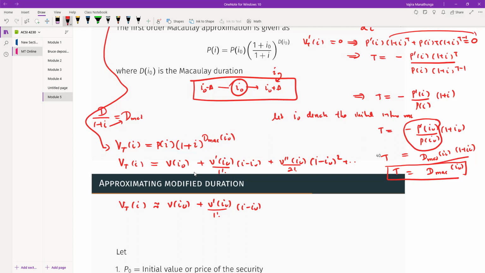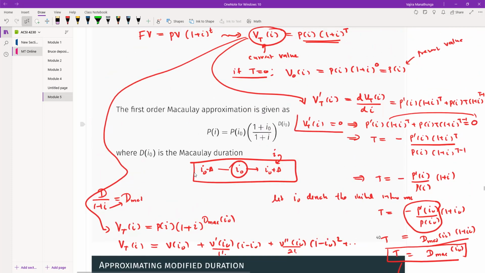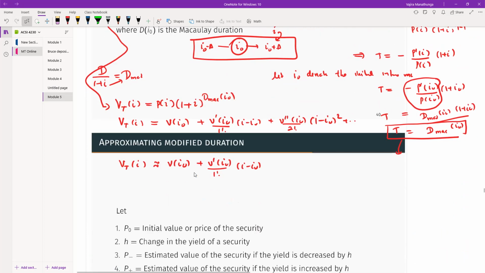Of course, you can see that when t is the Macaulay duration at I naught, what does this mean? Remember how we started, we start at that point. If t is that, then V_t prime at I naught is 0.